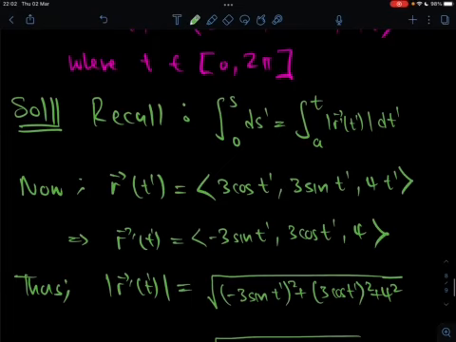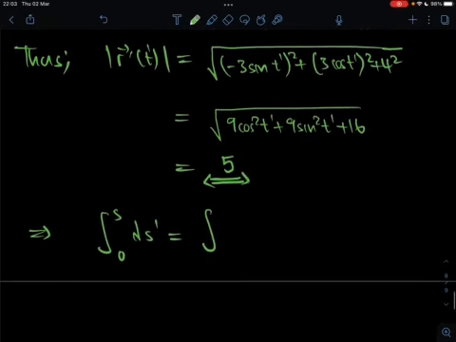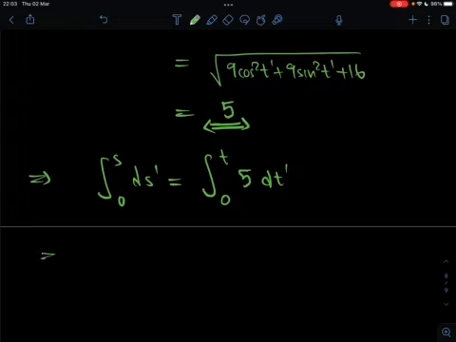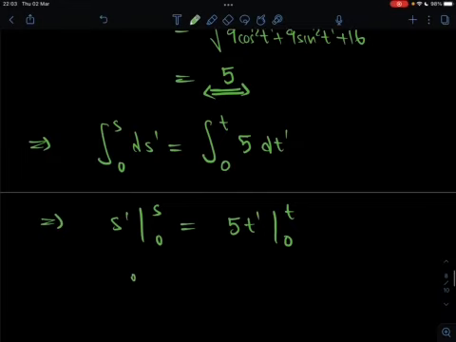So we are integrating from 0 to t of 5 dt prime. If we integrate on the left, we just get s prime, which varies from 0 to s. And on the right-hand side, we get 5t prime, with limits from 0 to t.